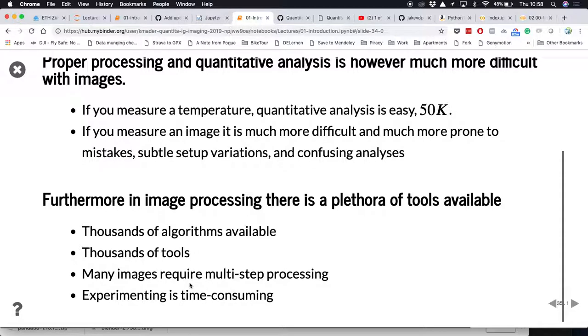It's then further complicated by the fact that there are so many tools available. If you read through papers today, you'll find people using MATLAB, ImageJ, Fiji, PyTorch, TensorFlow, ITK, thousands of different tools, and everyone does different processes.